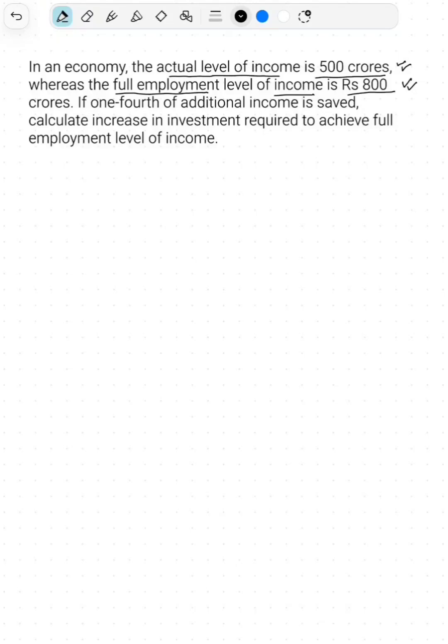So we can easily find the change in Y. The change in Y is 800 crores minus 500 crores. That is 300 crores will be the change in income.